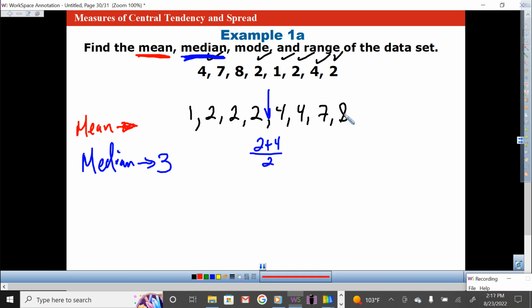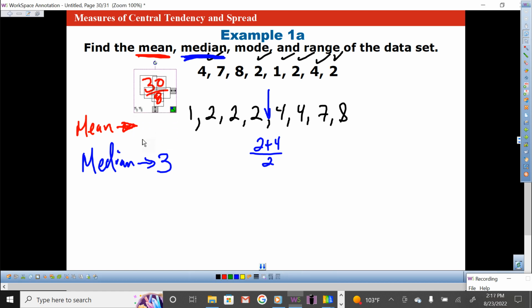So we got 8 and 8 and 4, that's 20, 27, 28, 29, 30, yes? 30 divided by what? 8, okay? Find me the mean, please. All right, show your neighbor what you got, please.